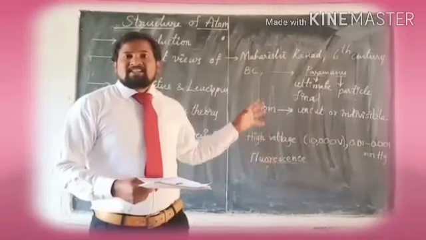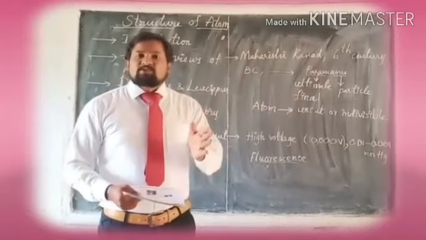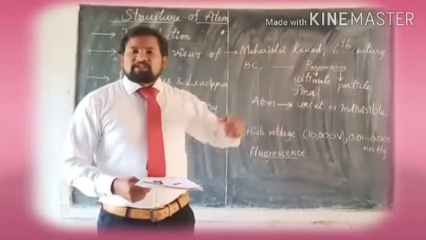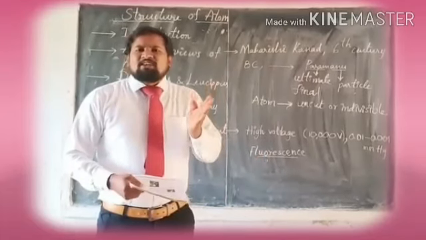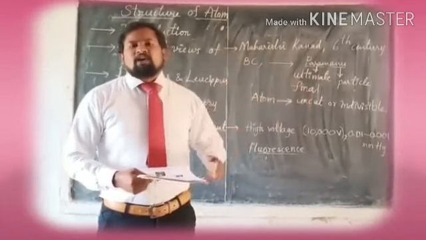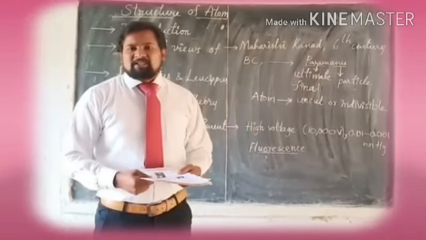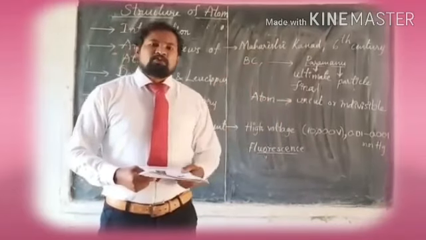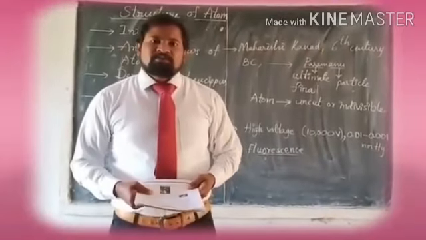Atoms of the same element are the same in all respects. Atoms of different elements are different in all respects. And atoms combine in a small ratio to form element molecules. And atoms of different elements combine in definite proportions to form molecules of compounds.